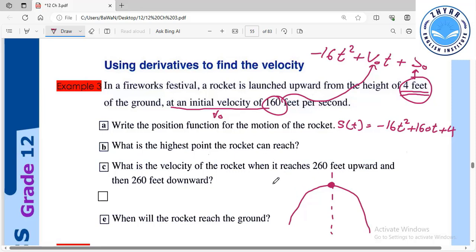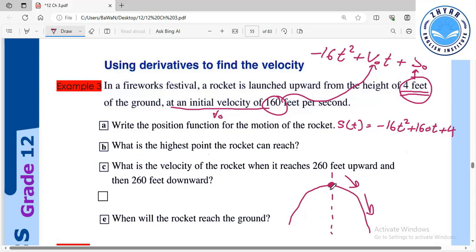Or here we can say a rocket can reach the highest point where the speed becomes 0, because when we launch a rocket upwards, the rocket speed is very high, and as the rocket rises up, the speed reduces, and eventually the speed becomes 0 where the rocket reaches the highest possible point. And after that point, it starts going down again.